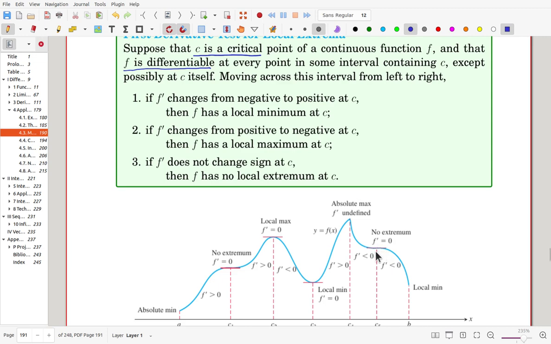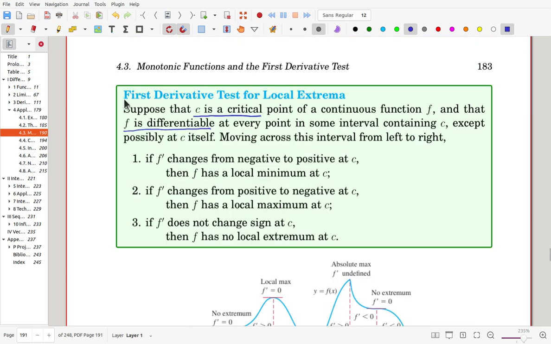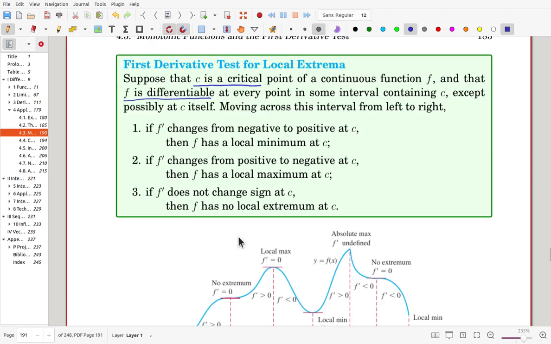So this point is not an extremum. Here is not a local extremum. So we can decide by using the first derivative, checking the sign change, whether there's a local maximum or local minimum.